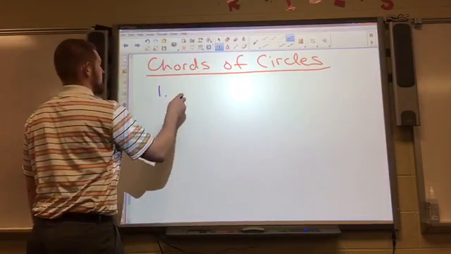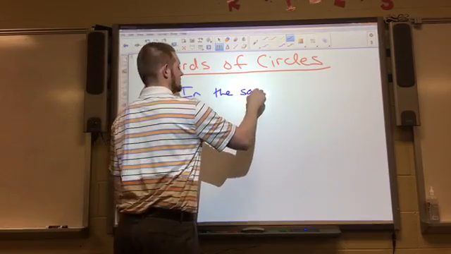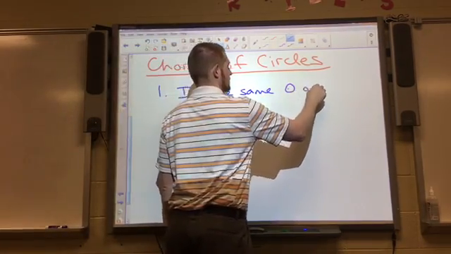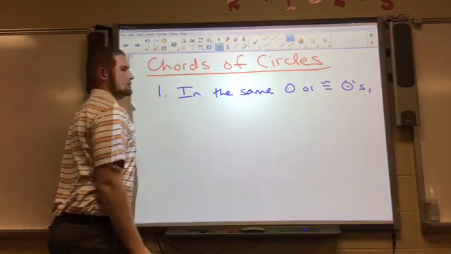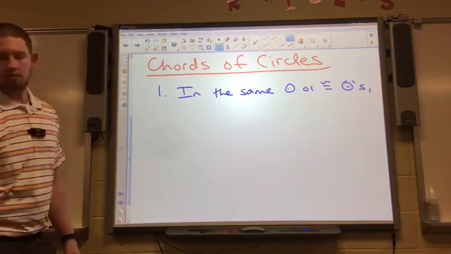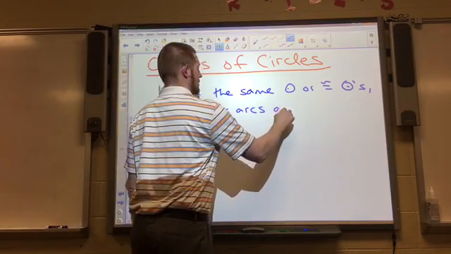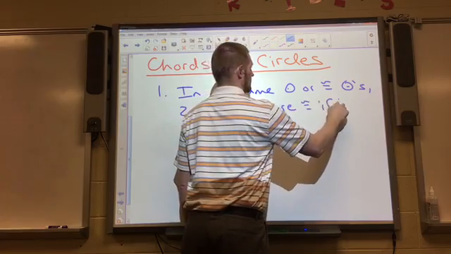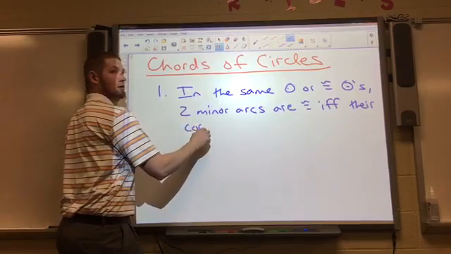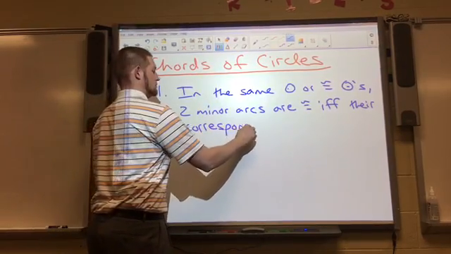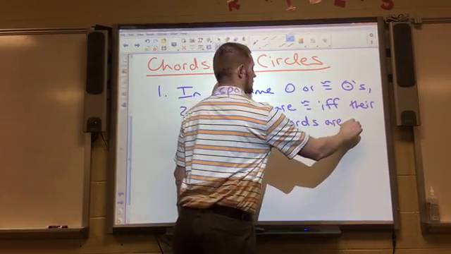Okay, so number 1 says, in the same circle or congruent circles, 2 minor arcs are congruent if and only if their corresponding chords are congruent.